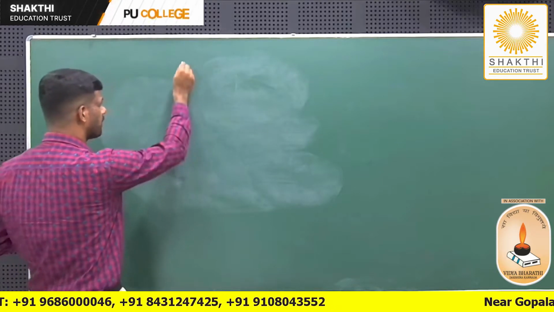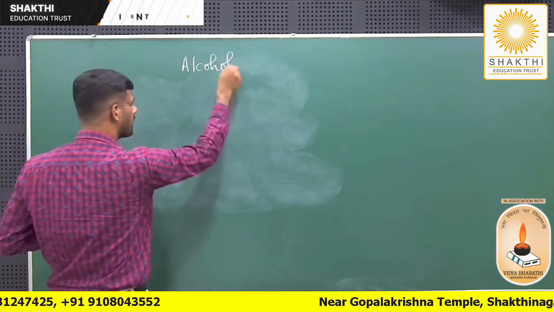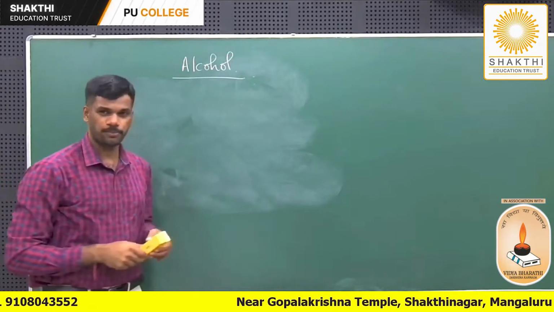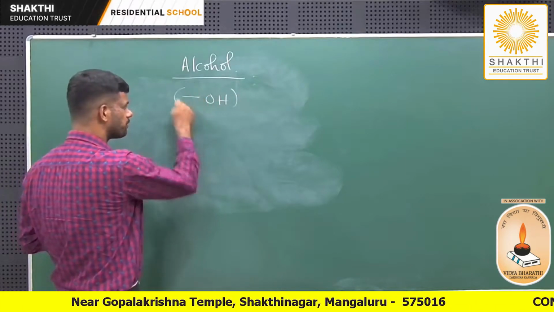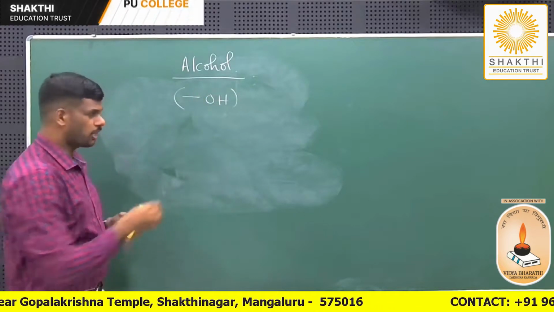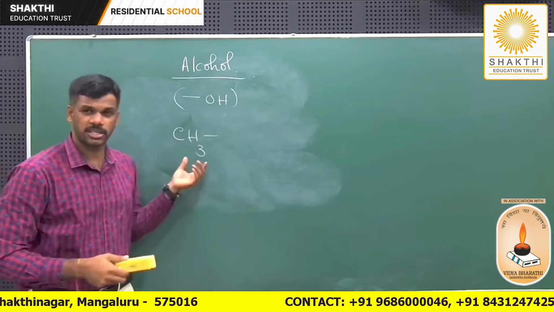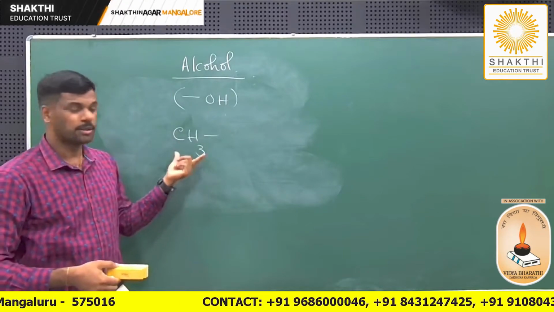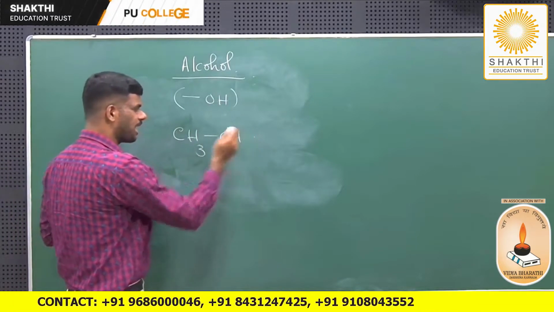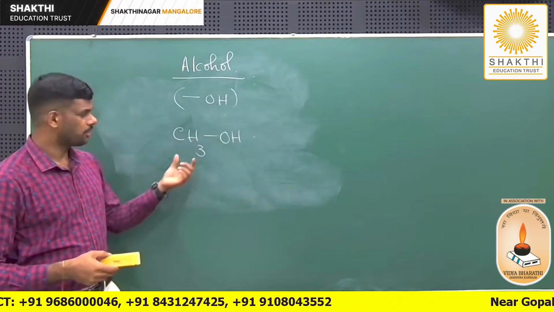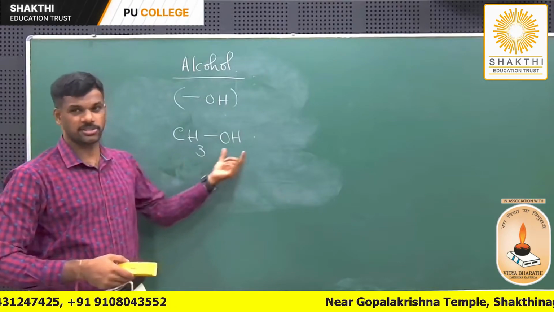For example, the first functional group I am going to teach you is alcohol. Alcohols are OH groups. If you have CH3, which we just understood is the methyl group, to which an OH group gets added, you can directly say this is methyl, this is alcohol.